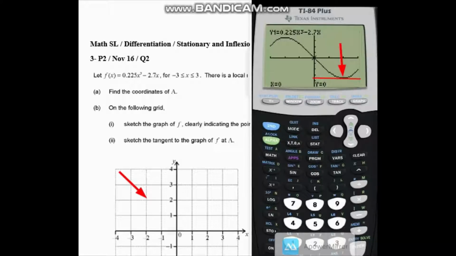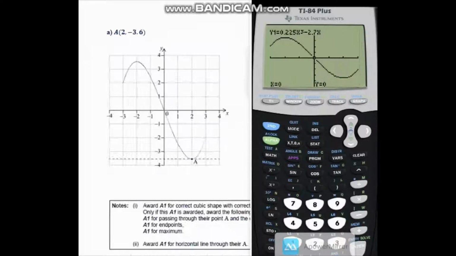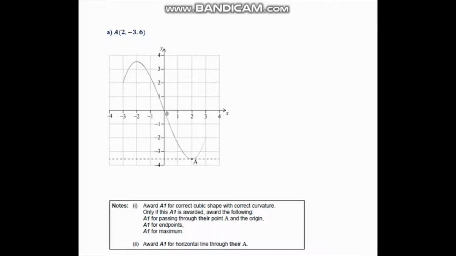Let's take a look at the marking scheme version of the answer. So it kind of looks the same as what we have on our calculator. And let's take a look at the criteria for grading that they've provided.